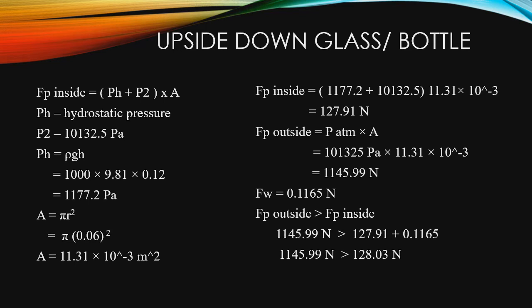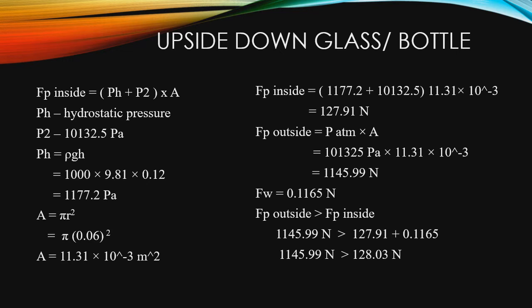The force pressure outside the glass is greater than the force pressure inside the glass. That's why the water cannot spill out from the glass, because the pressure from the outside pushes the water up.